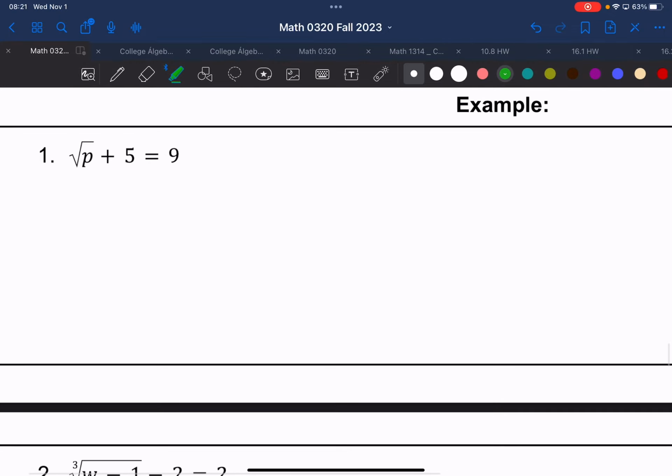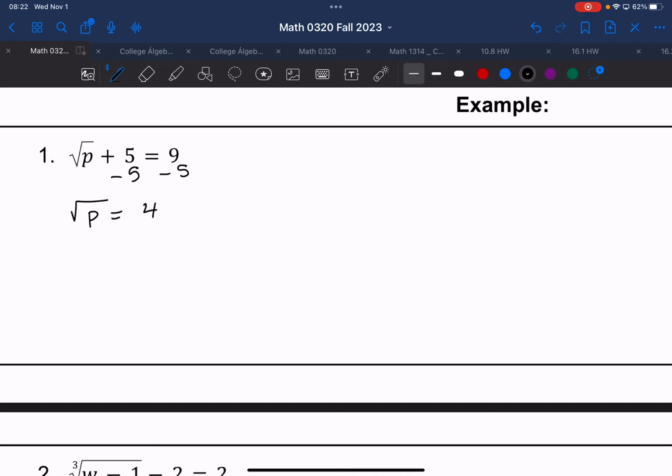Okay, so in these examples, we're only looking at ones that have one radical. In this case, we have the square root of p plus 5 is equal to 9. We want to get that radical by itself. So what's our first step? Subtract 5. And we get the square root of p is equal to 4.